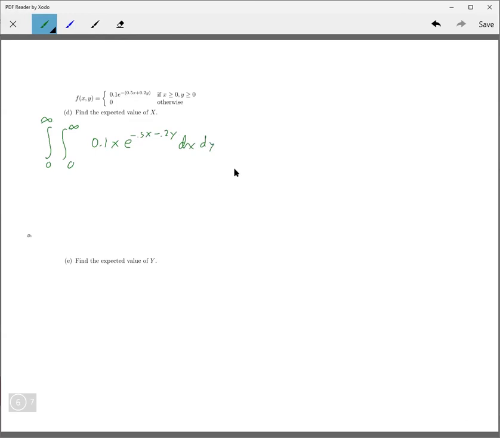So you get that. Okay, so 0.1 is the same as 1/10. I just pulled that out there. You don't have to do that, right? And then this right here, if you integrate it, you get something like this. It's not that nice.